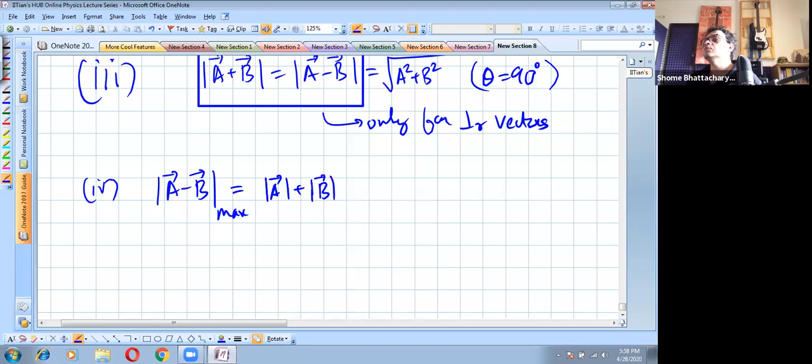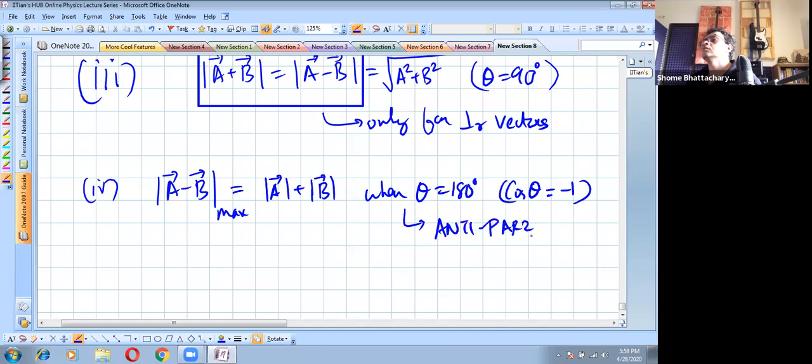So the difference is actually equal to the sum of magnitudes, but this happens when theta is equal to 180 degrees, or cos theta is minus 1, or anti-parallel vectors. So when two vectors are anti-parallel, their difference has the maximum magnitude, whereas the sum has the minimum magnitude.